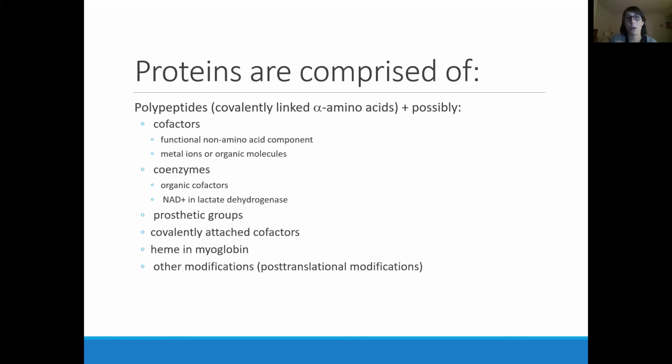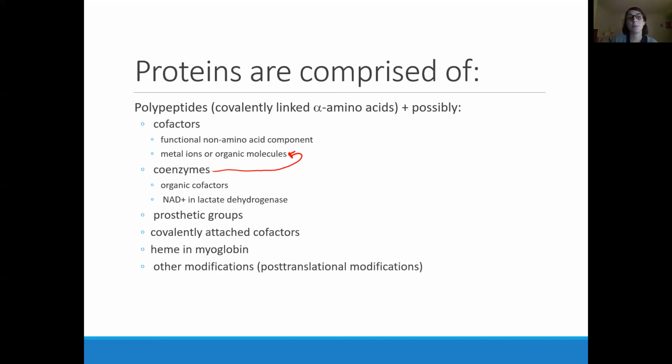We just call them coenzymes. That means that coenzymes are a type of cofactor. An example of this is something like NAD+. This is an organic molecule that we already find circulating in biological organisms, and it is used in tandem with lactate dehydrogenase.